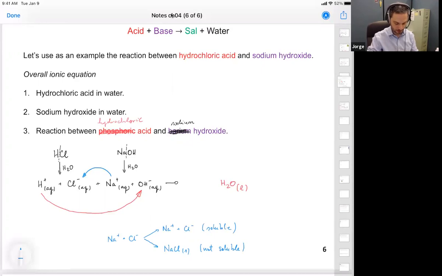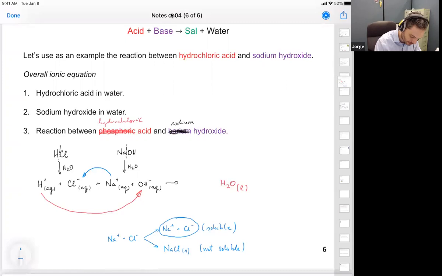So that's going to form a very nice solution when all the salt gets dissolved in water. If something is soluble in water, and we are talking about salt, what we are going to have in solution is basically the ions separated and not bonded together, okay?